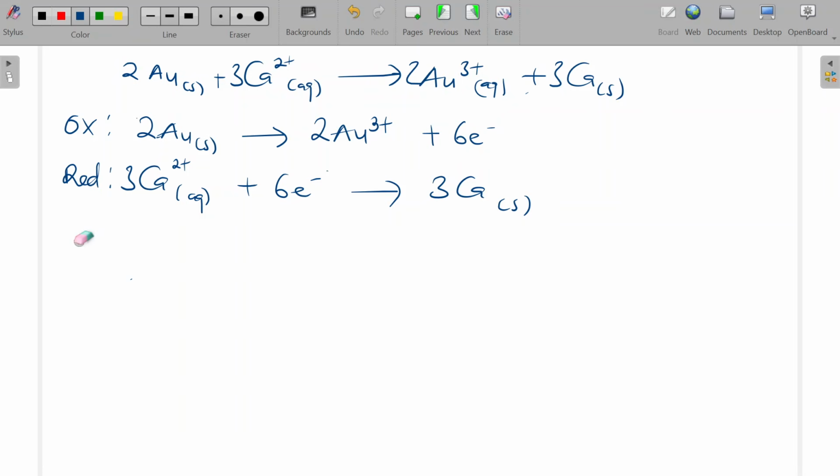So E cell, in this case, is equal to E cathode, don't forget the formula, E cathode plus E anode. Let me show you how to use it now. You need to understand what happens at the anode and what happens at the cathode.